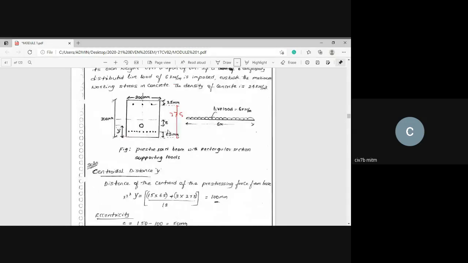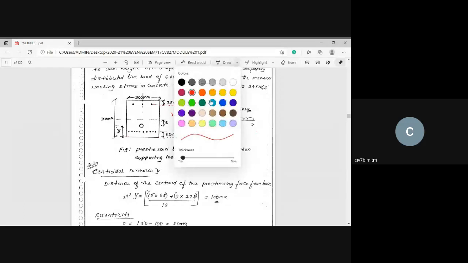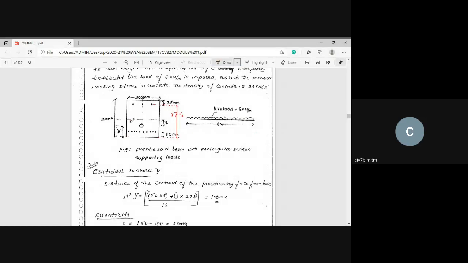You know that this particular distance is 150 millimeter, because the centroidal axis of the section lies exactly at this point. Because it is a rectangular section, it divides into two mirror images, 150 and 150. So now let us calculate the eccentricity distance.